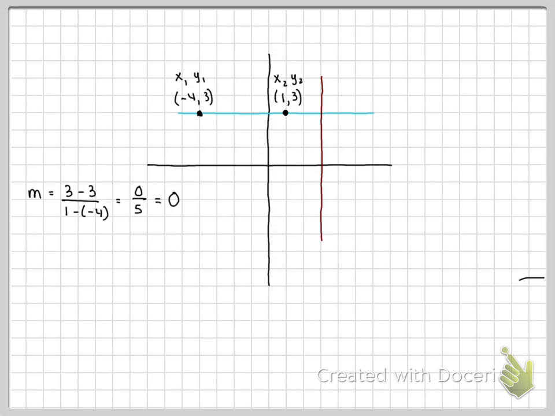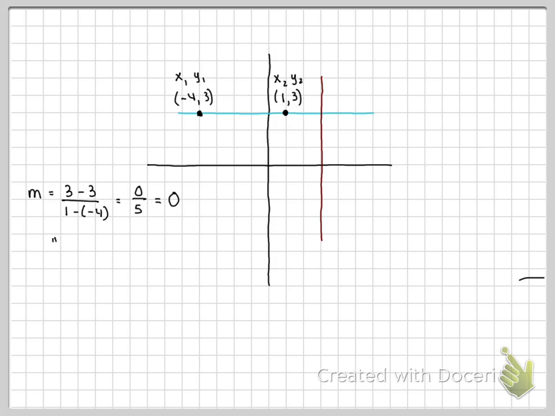A perfectly horizontal line has no rise at all. It's got a lot of run, okay? It'll go forever to the left and forever to the right, but it has no rise at all. So no rise equals a 0 slope, okay?